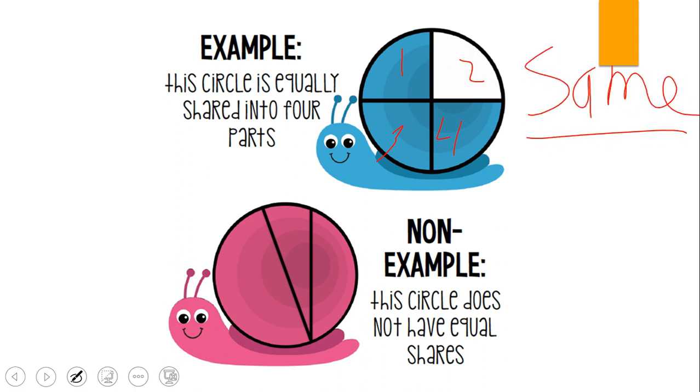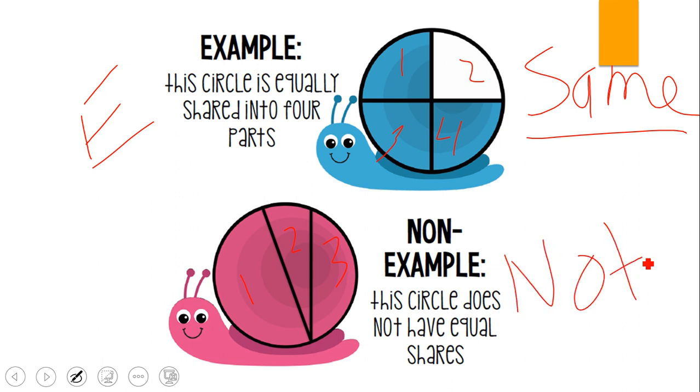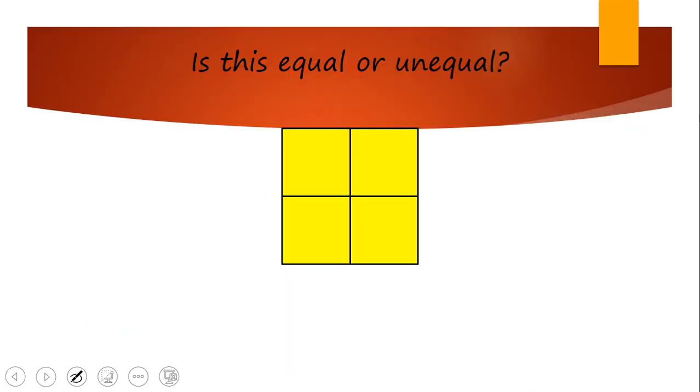So this is equal, okay? Now we have this pink snail down here at the bottom, and that is cut into 3 parts, okay? But they are not the same size. So not the same. So they are unequal.